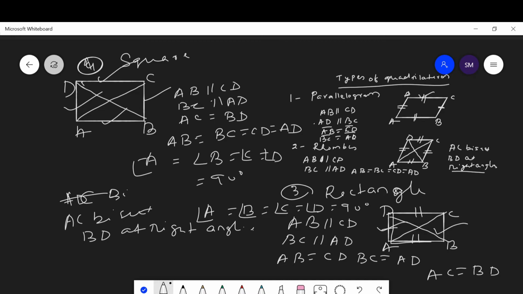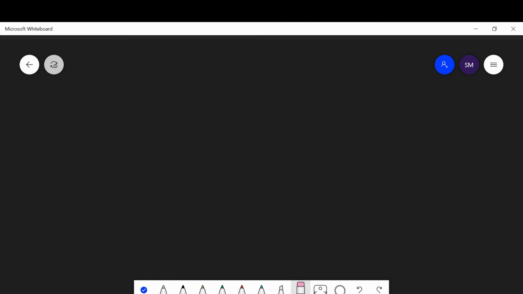Now another type of quadrilateral is trapezium. Now let us discuss trapezium. What is trapezium? Trapezium is a type of quadrilateral in which any two opposite sides are parallel to each other and the other pair is not parallel.